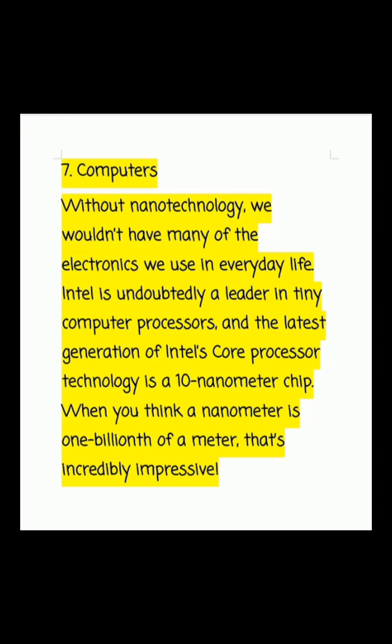Without nanotechnology, we wouldn't have many of the electronics we use in everyday life. Intel is undoubtedly a leader in tiny computer processors, and the latest generation of Intel's Core processor technology is a 10 nanometer chip. When you think a nanometer is 1 billionth of a meter, that's incredibly impressive.